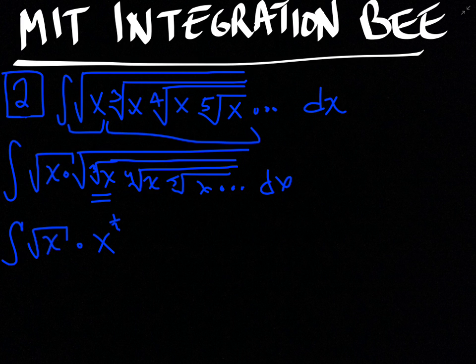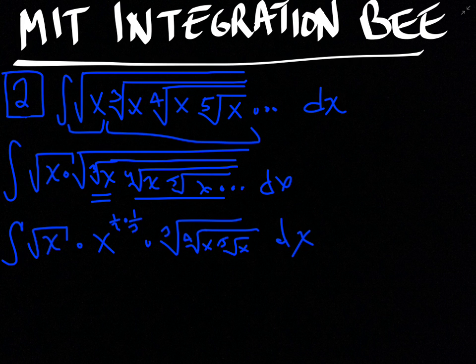You'll see why in a second. Times the rest of it, which is the cube root of the fourth root of x and the fifth root of x, and that is encompassed by all of that. And there we go. Okay, so that makes sense.